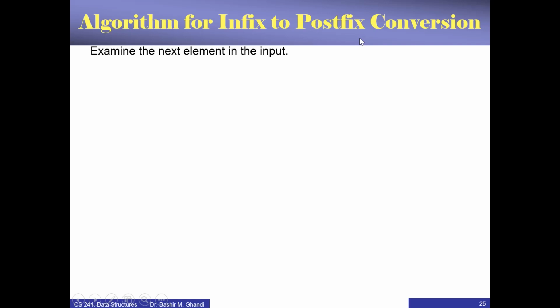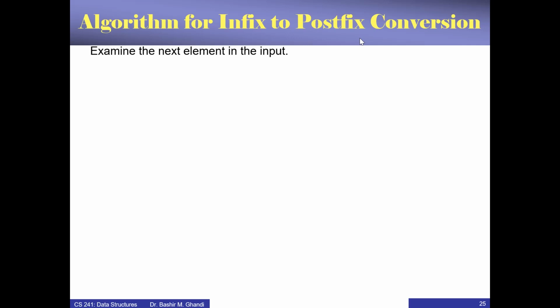Okay, so here we're going to be reading our input, which is going to be an infix expression. And as we know in infix, you can think of the type of characters you're going to read as one of four types.